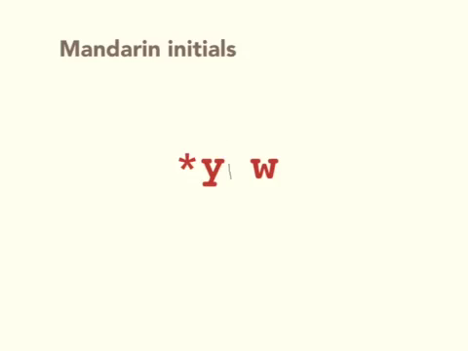Just for convention's sake, they put a Y for that I sound whenever it occupies that first space in the word. So Y-A might be ya. And the W is the U sound. So wu is just W-U.